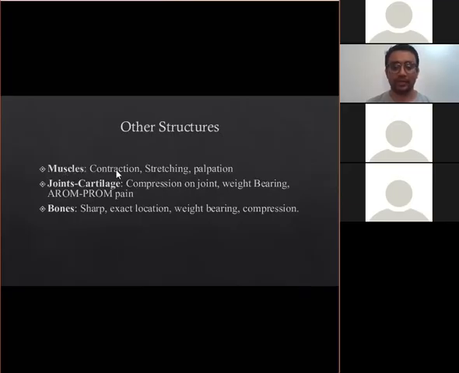We do 3 things: contraction, stretching, and palpation. If that gives pain, that's the muscle. For the joint cartilages, active range of motion and passive range of motion, both will be painful. Compression on the joint or weight bearing will be painful. For the bones, any sharp pain at an exact location, any weight bearing or any compression, that is most likely coming from the joint.